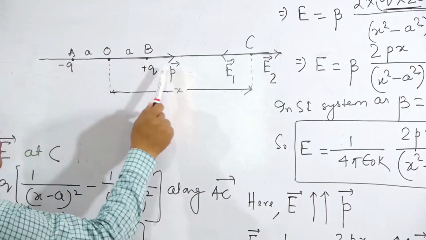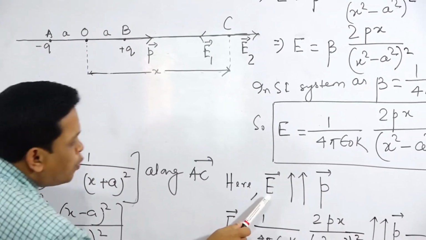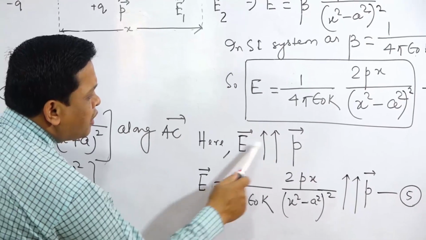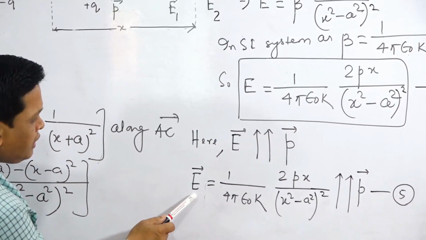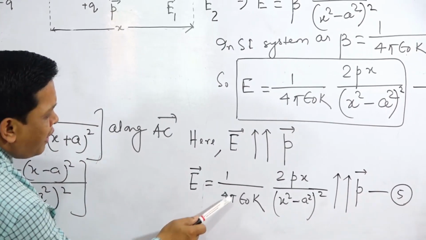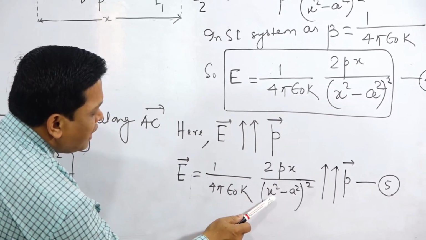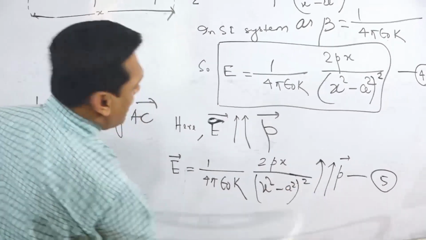Dipole moment P vector is also along AC vector. That means both resultant field and dipole moment are parallel. E vector parallel to P vector. So I can write E vector equal to 1 by 4 pi epsilon naught K 2px by (x square minus A square) whole square parallel to P vector.